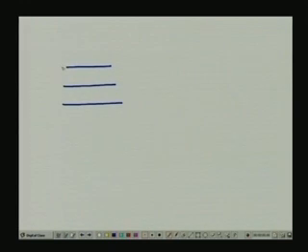The separation is D, and this separation is also D. There is a movement of this plate, which we are assuming to be delta D. This is problem number 1.